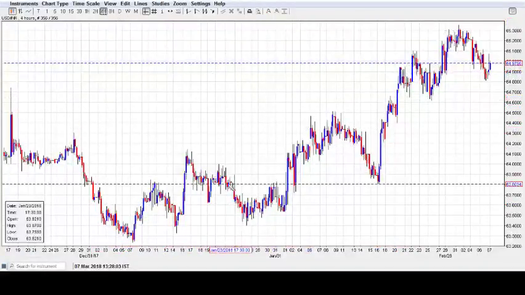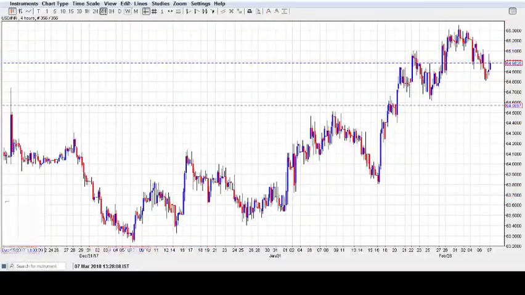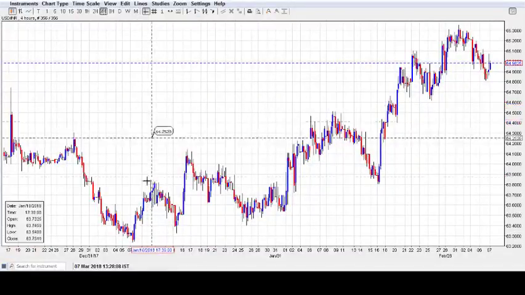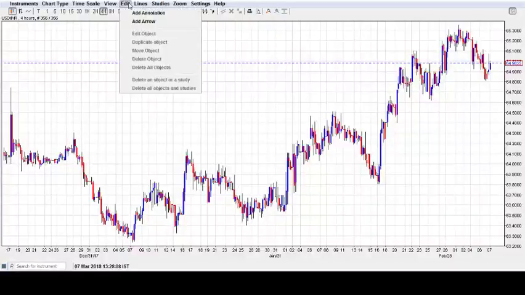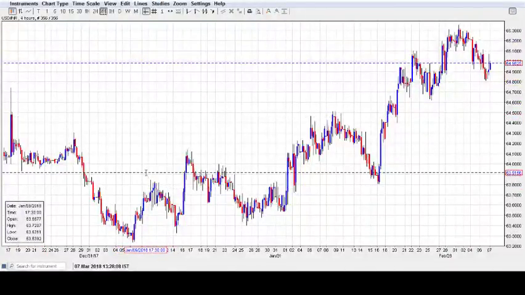If you were there with me since the last week or so, what we anticipated could be an impulsive move which might have ended, or it might be in the last leg.